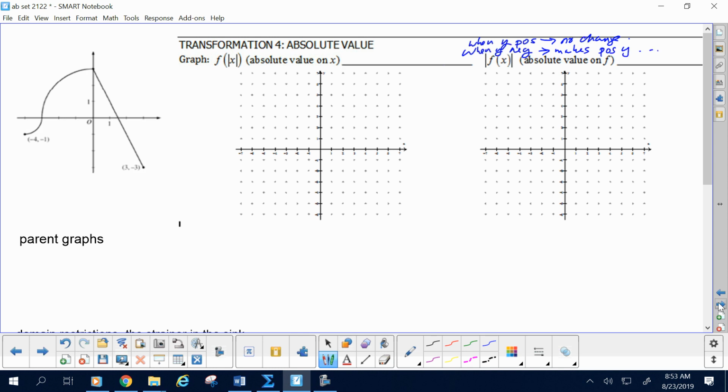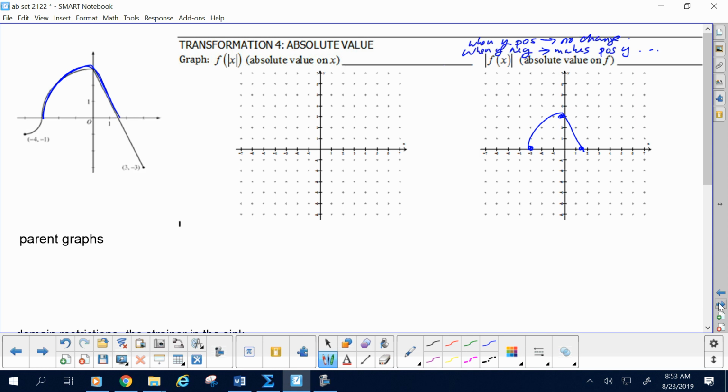All right? So let's look at this graph here. In this region here, Y's were already positive. So if I take all those numbers and throw absolute value on them, what happens to them? They stay exactly the same. So the part of the graph from negative 3 to 0 to 1.5 is unchanged. But this guy, if I track this point, let's say I put negative 4 into this guy.